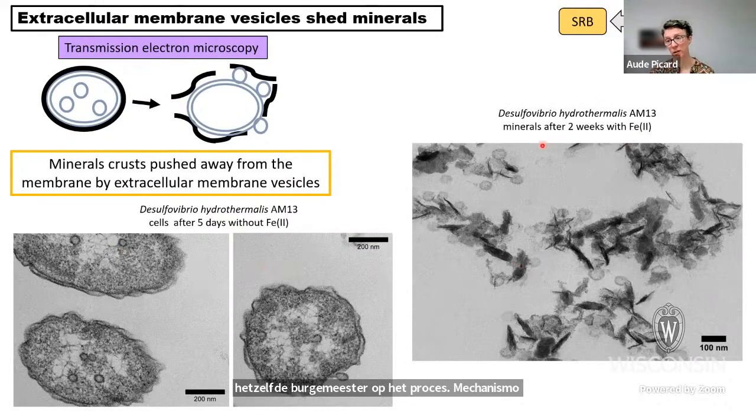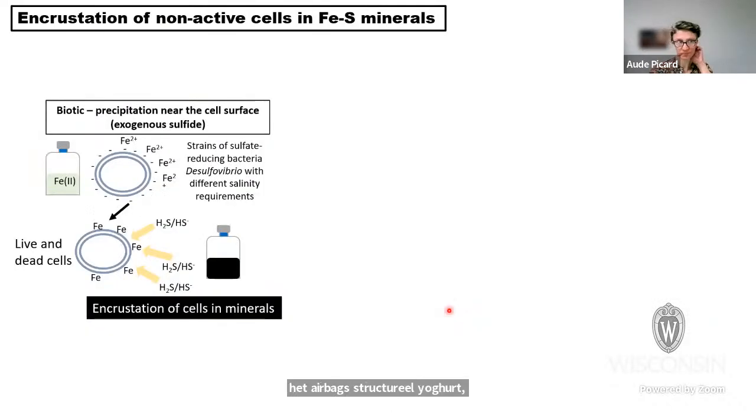And then we can see in cultures with iron that we have lots of those vesicles being produced, and close to minerals we also see encrusted vesicles like this. So it's maybe a way to explain how they get rid of it. But very interestingly, the crusts go away and form those very big structures, but you cannot see cells encrusted after a short period of time.